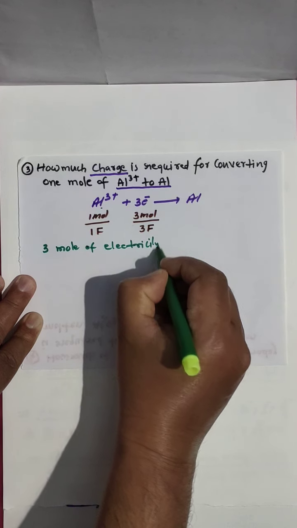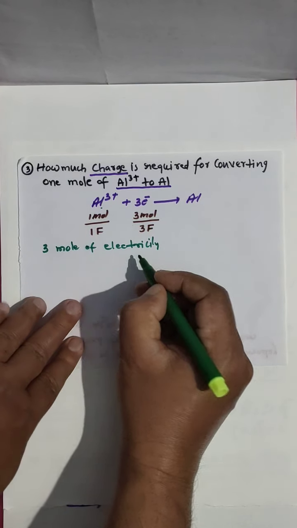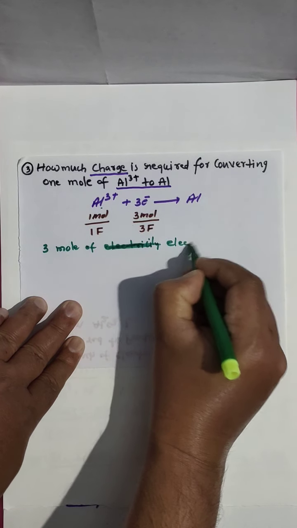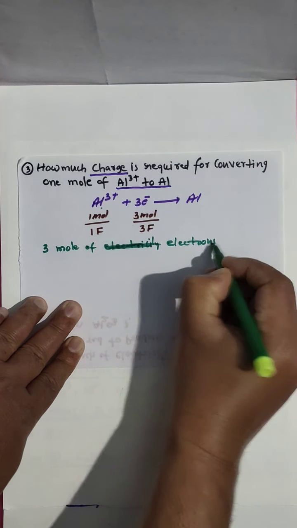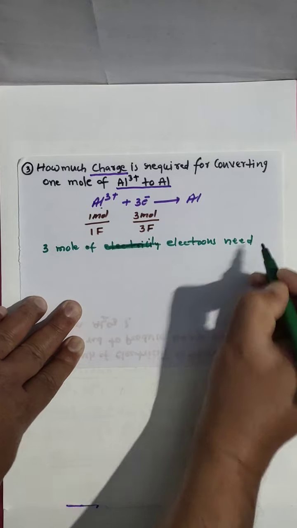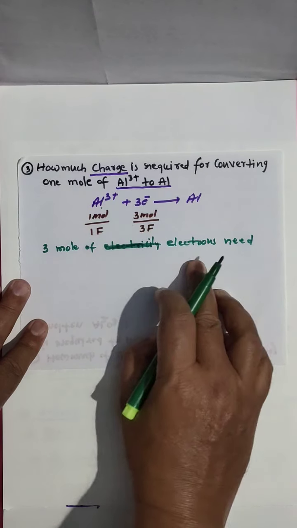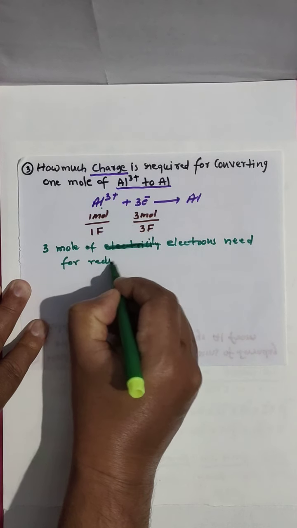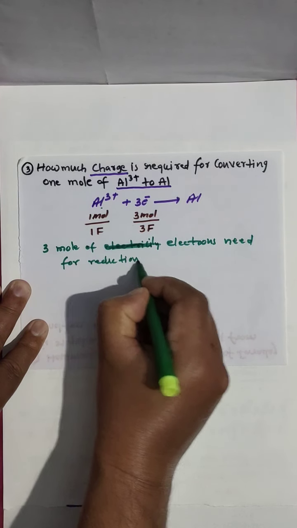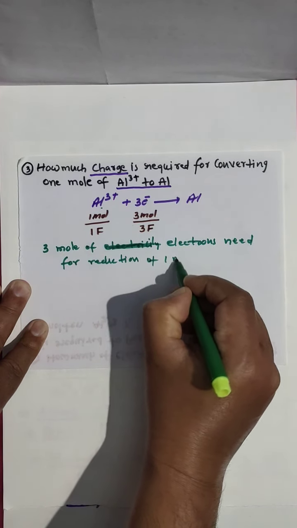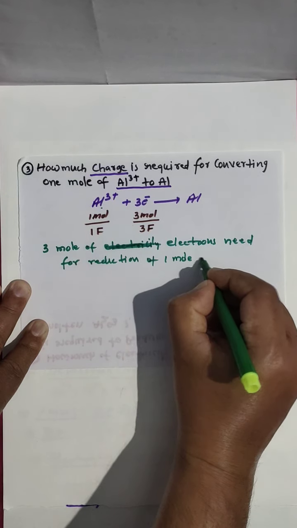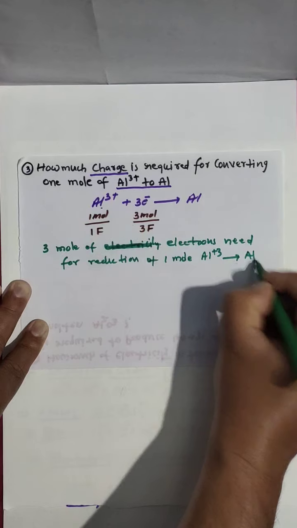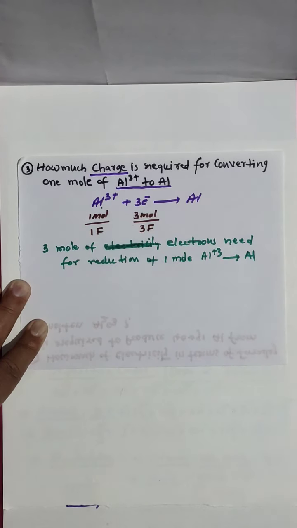So 3 moles of electricity, that is electrons, 3 moles of electrons are needed for the reduction of 1 mole Al3+ to Al, from the equation.